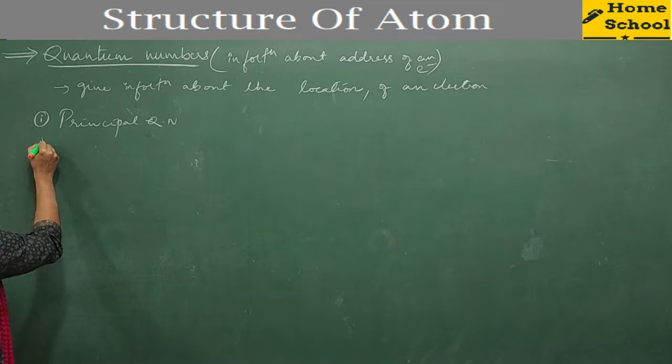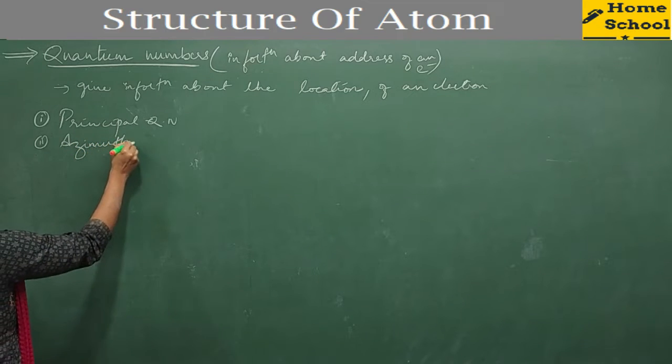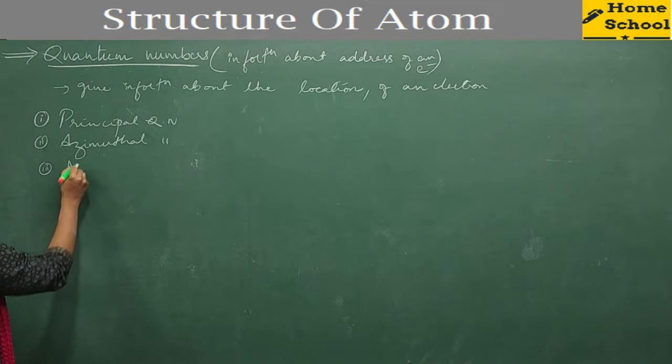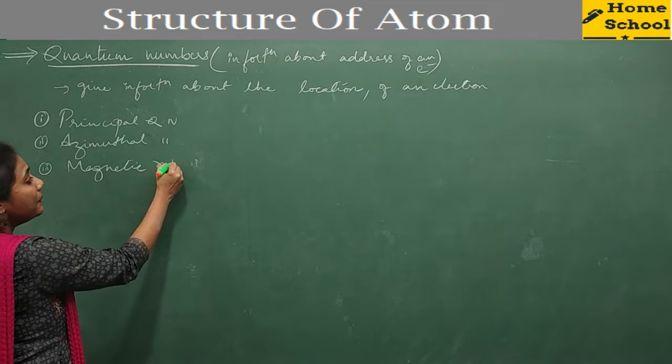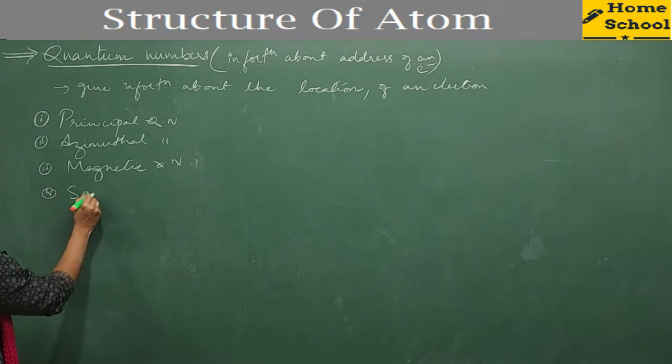The second is the azimuthal quantum number. The third is the magnetic quantum number. And the fourth is the spin quantum number.